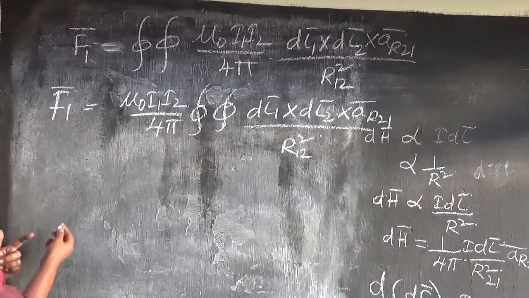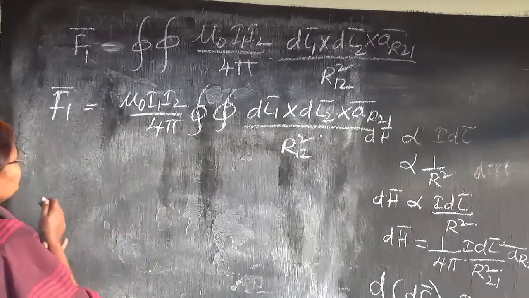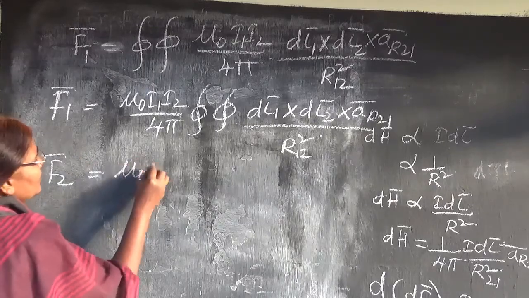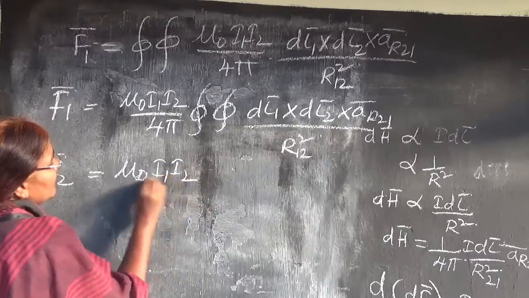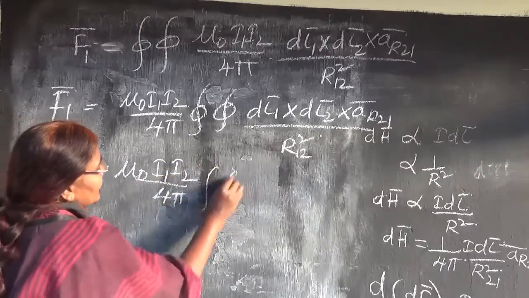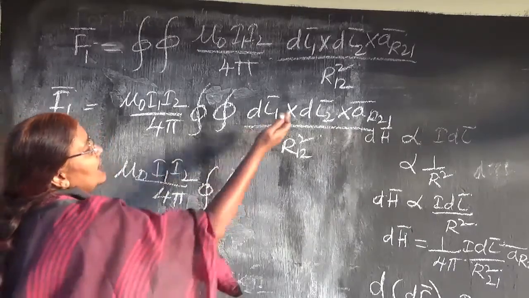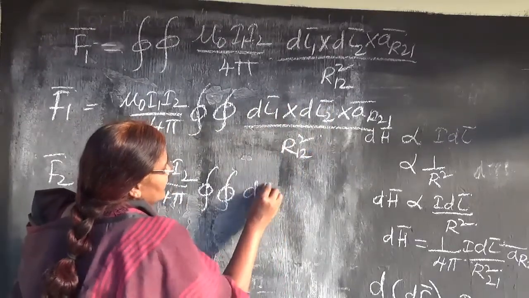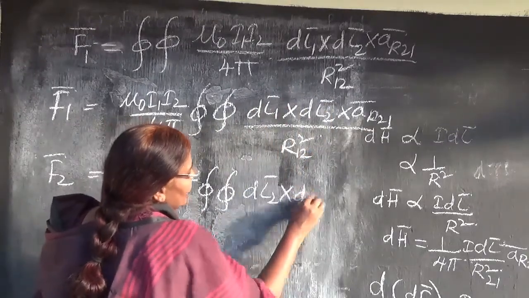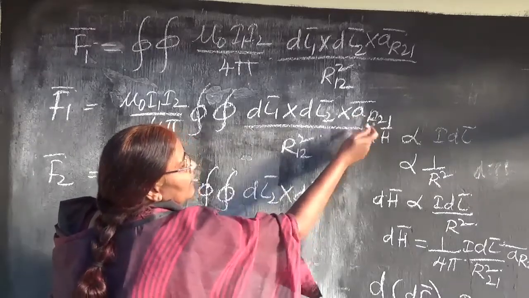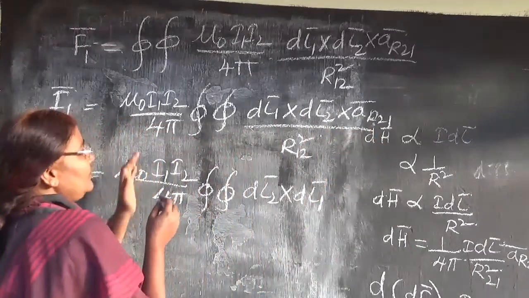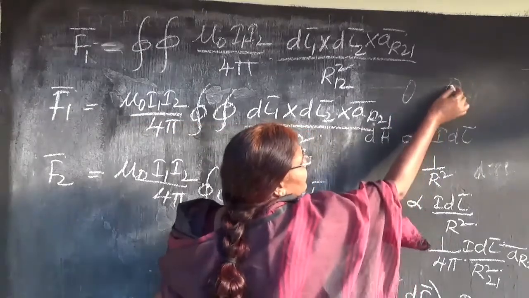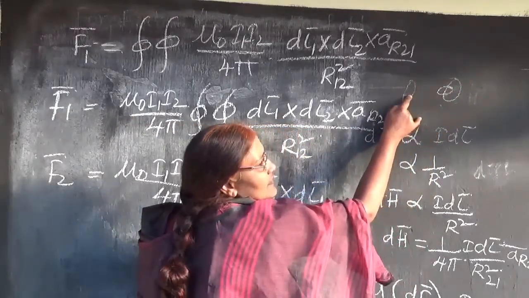And in the same way, if I want to find the force F2 bar, the same thing will come: mu naught I1 I2 by 4 pi double integral. Here dL2 comes outside and dL1 goes inside, dL2 bar cross dL1 bar. In the previous case it was the force exerted by this element onto this element.